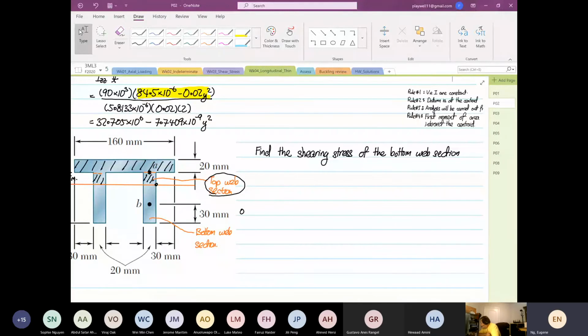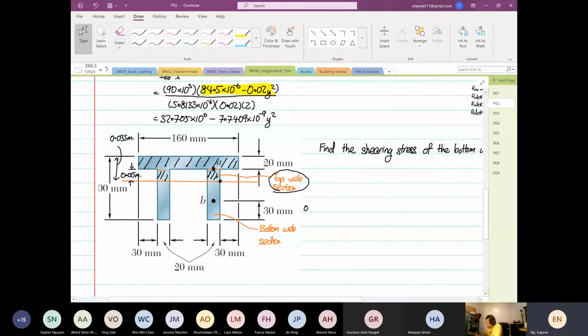If the question asks the shearing stress of the beam, which area of the beam does it refer to? Wei Ming, can you speak? What are you confused about? Do you take this region, or this region, or this region?